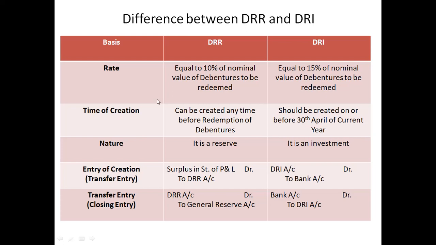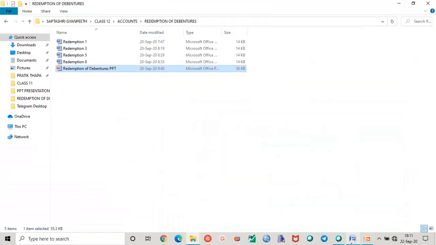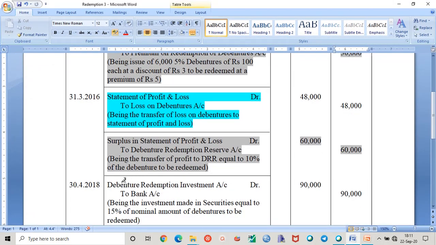The current year here is 1st April 2018 to 31st March 2019.